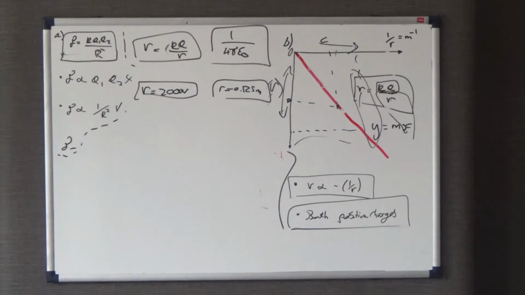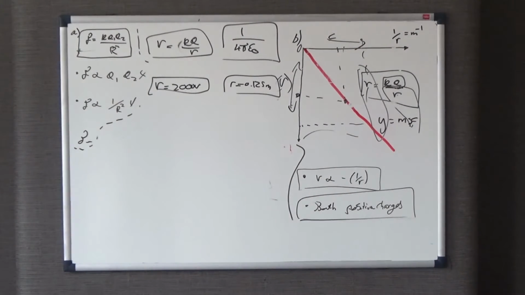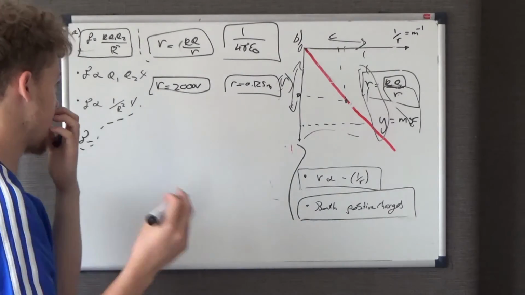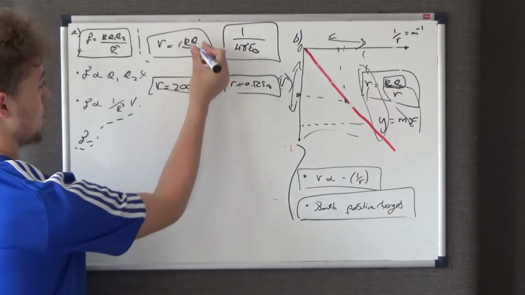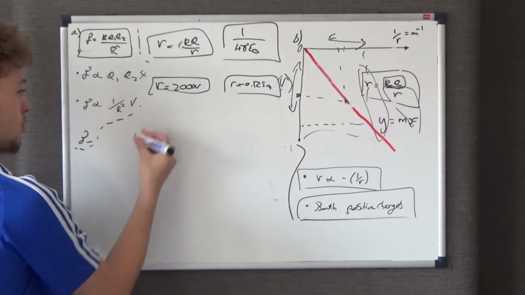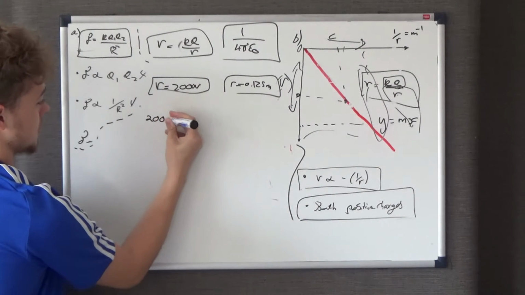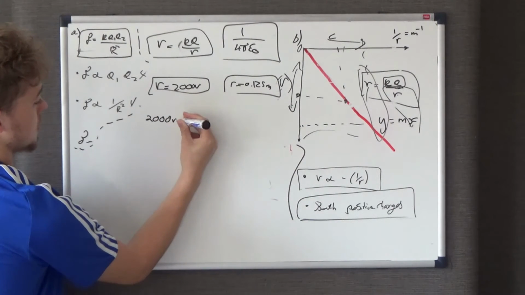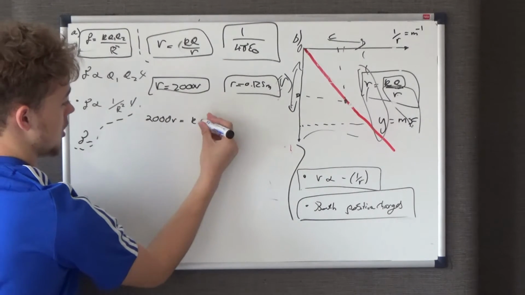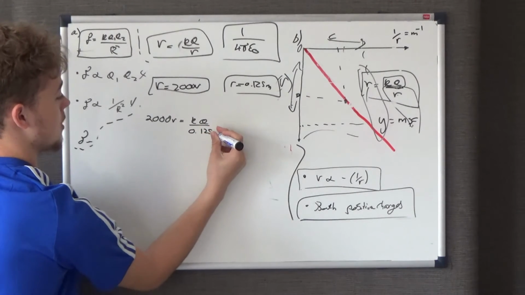Now we've got the equation there, V equals KQ over r. So all it is is subbing them into that equation now. As I say, we want Q, so you can either sub the numbers in and then rearrange, or just rearrange this equation. It's probably easy to sub the numbers in, so we know the potential difference is 2,000 volts, K is this constant, Q is something we want to know, and r is 0.125 meters.